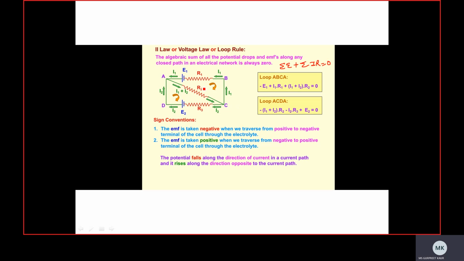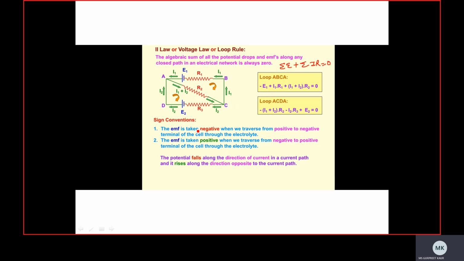So when you are moving in a direction opposite to the current path, there is a rise of potential. Rise of potential means it will be taken with a positive sign, plus I1 R1. So there will be a potential drop across this resistance, and you know the potential drop V1 is equal to I1 R1.